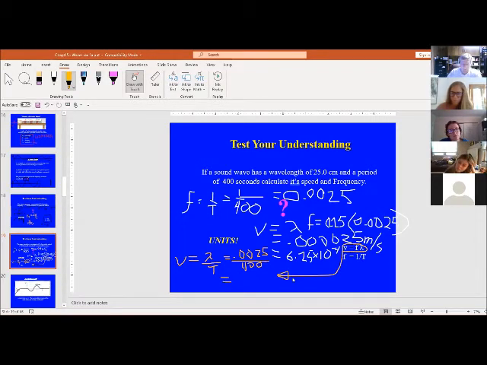Let's see if we do. Oh no, that's wrong. Lambda is not 0.0025, it's 0.25. Lambda is 0.25 and the period's 400, so you can use this formula and we should get the same number.